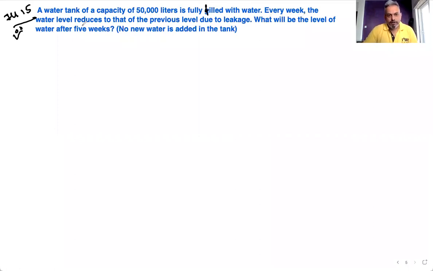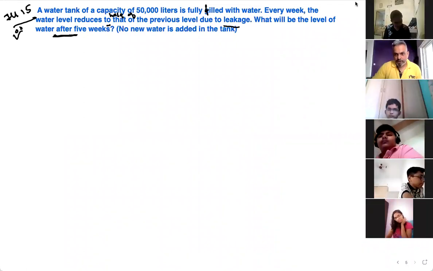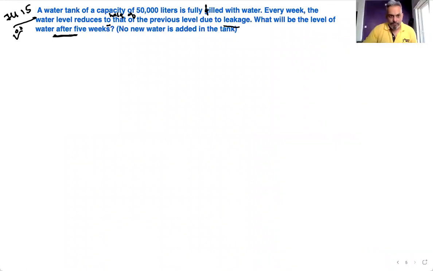Every week, the water level reduces to half of that of previous week due to leakage. What will be the level of water after 5 weeks? Underline this word, extremely important, after 5 weeks. Please underline this, very important in the textbook.